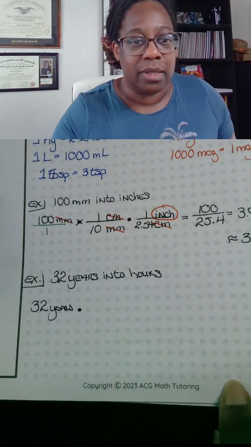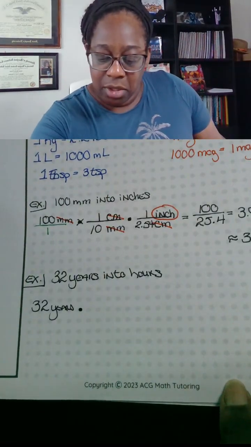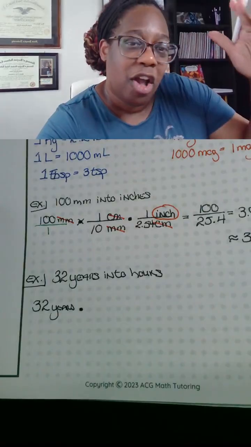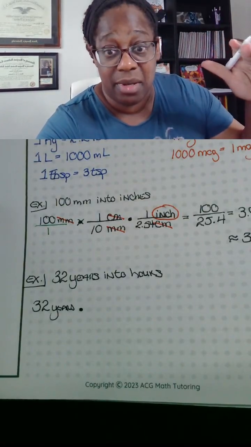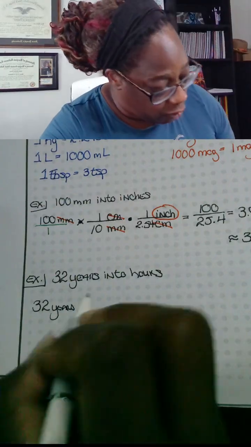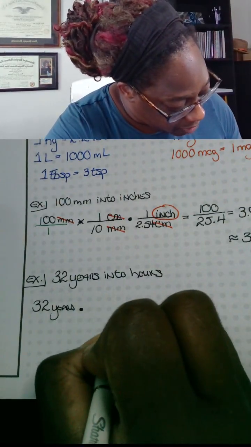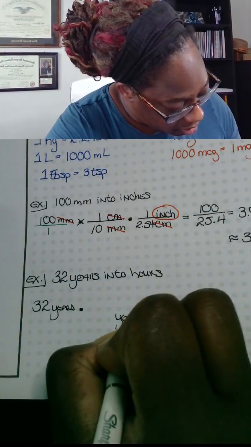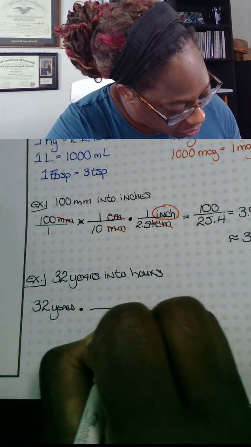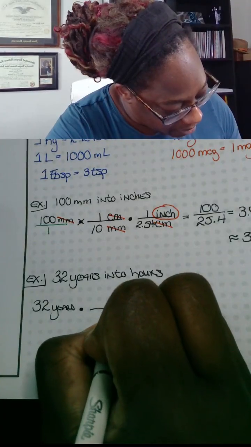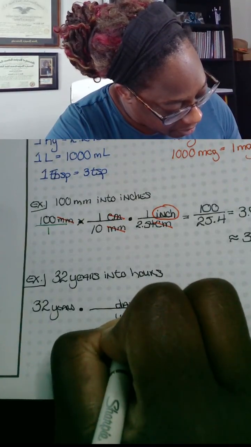So, we're starting off big, which is years. Now we need to go from years, which is going to be in the denominator, to days.